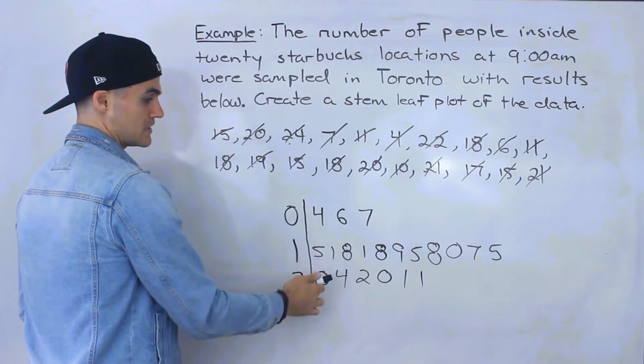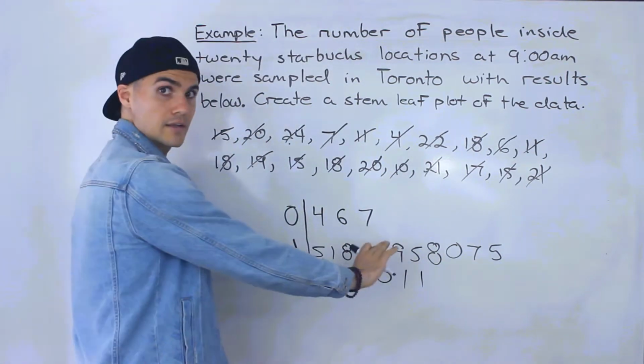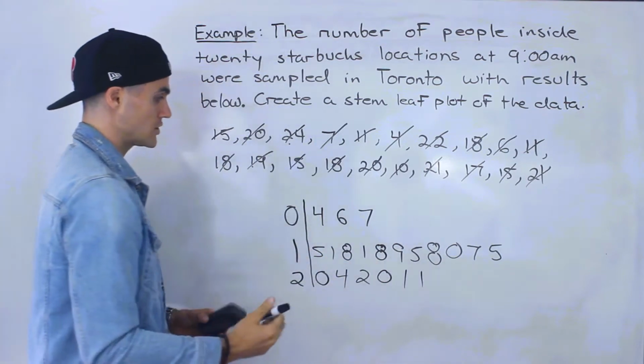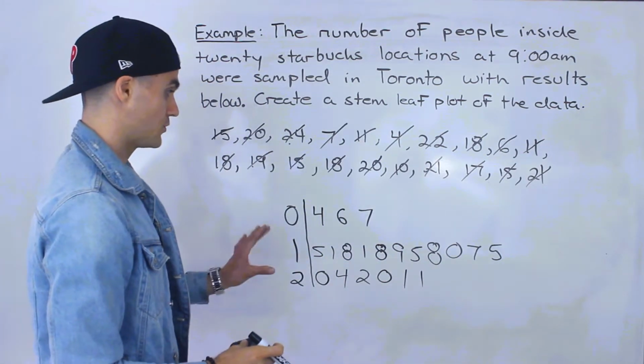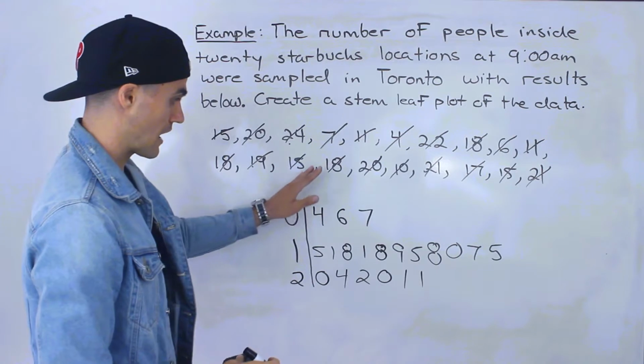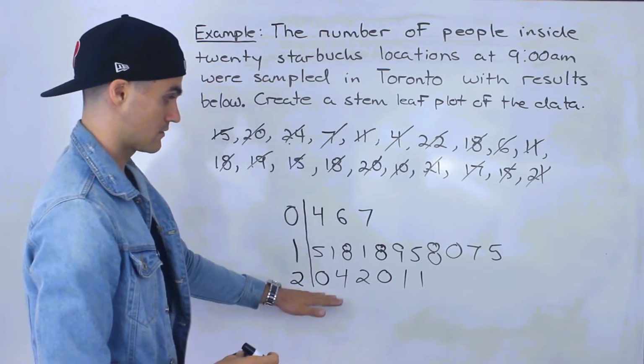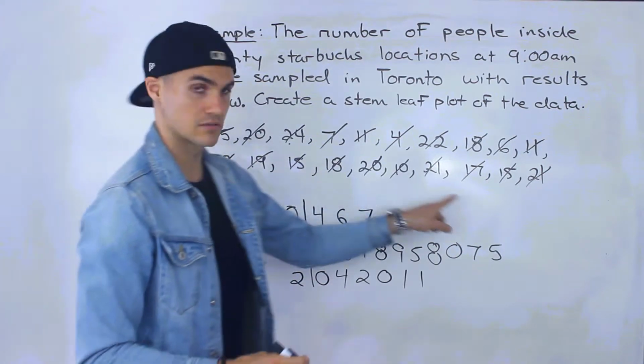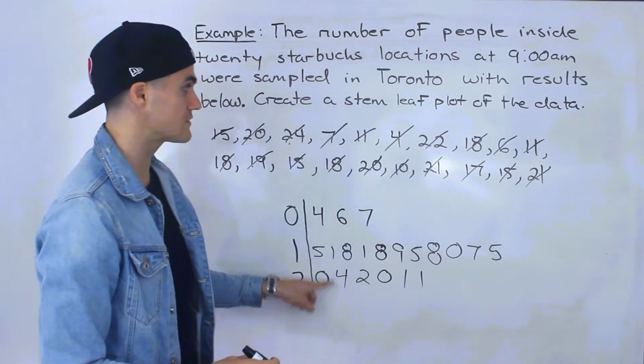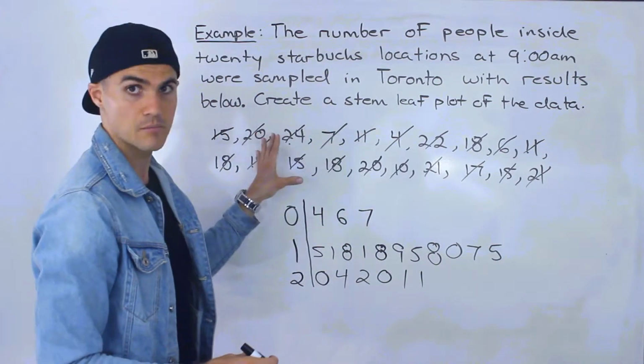Notice that both of these stems are not in proper order, so we're going to have to rearrange them. First thing I like to do though, before rearranging, is count all of the leaves just to make sure it's the same number of observations.